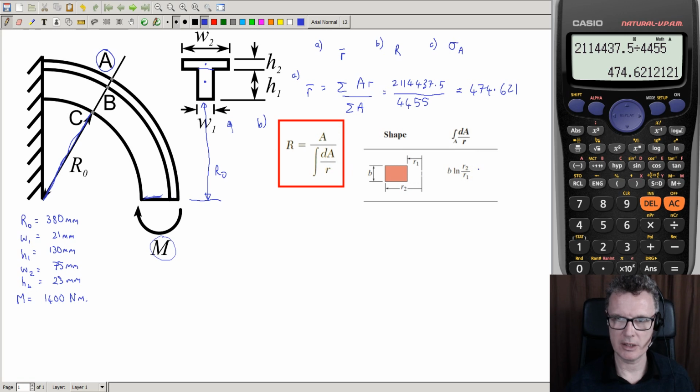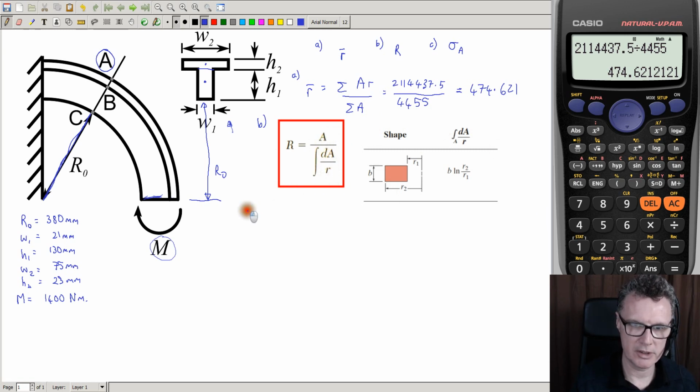And the next question is, what do we do when we've got a complicated shape like this, where we've got two bits? So an integration over an area can be split up into two integrations and joined together. So we're going to use this formula basically twice.